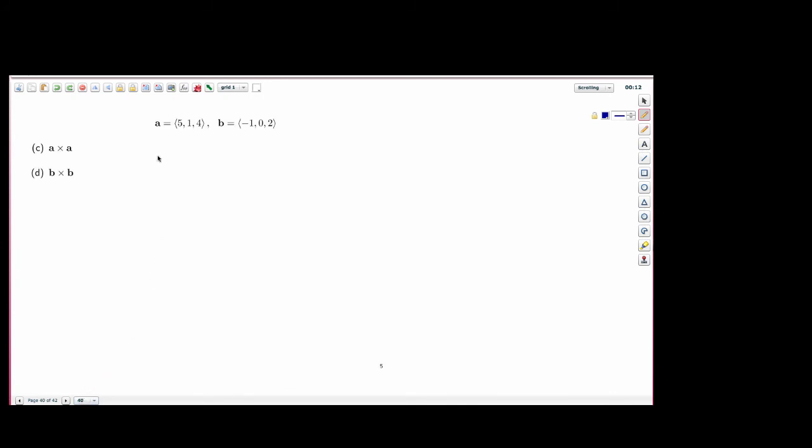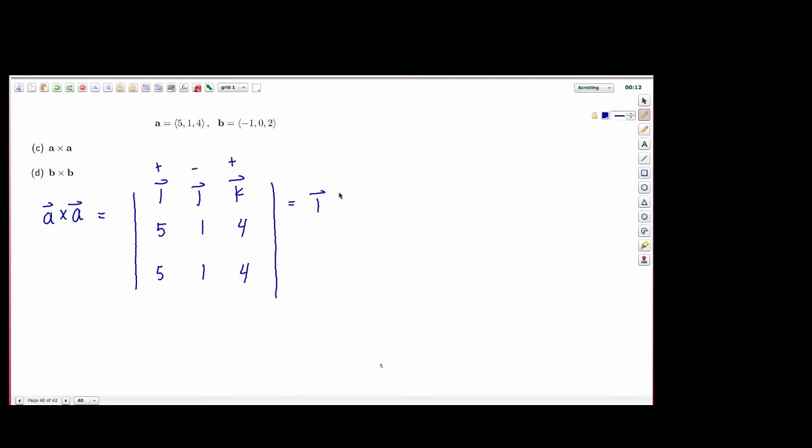Okay, so let's do another example. Here I'm going to have us do A cross A. So for A cross A, as usual, we set up our i, j, k, and then I just have 5, 1, 4, 5, 1, 4. So remember that we have plus, minus, plus, so we're going to get i times, cross out i's row and i's column, and we get 4 minus 4, and then minus j.